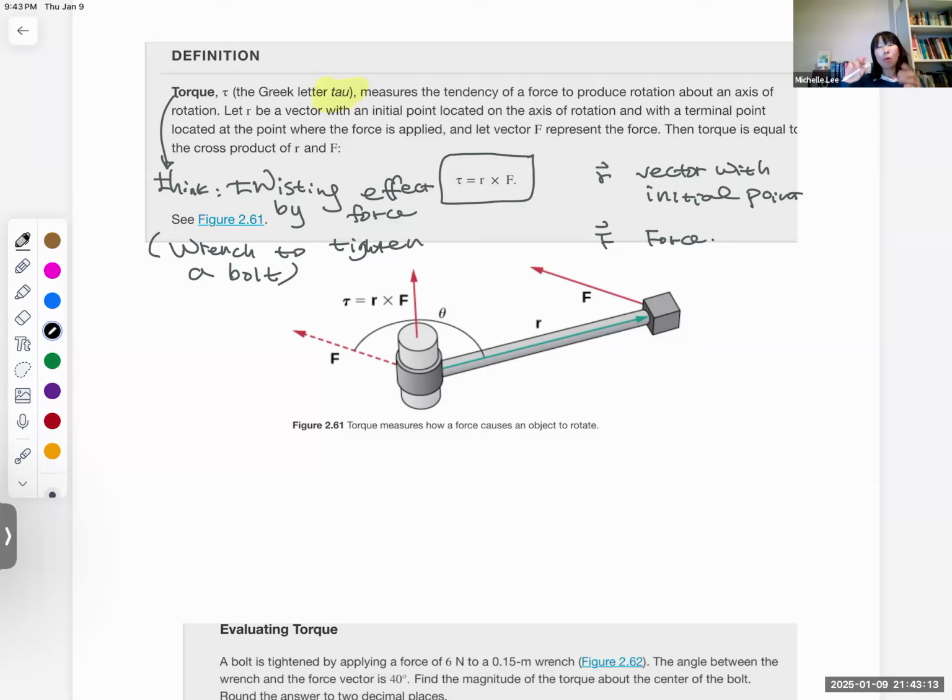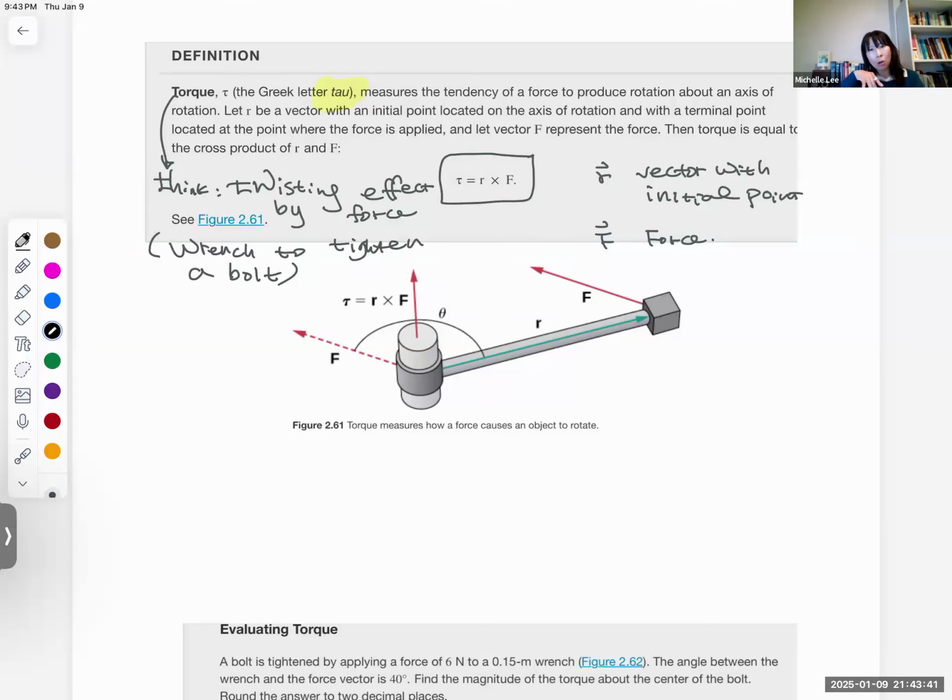Okay, basically you set up IKEA furniture, right? So you are using a wrench and bolt. So you tighten the bolt, right? So we are using torque. So twisting effect by force. Yeah. So I wrote down there, wrench to tighten a bolt, right?